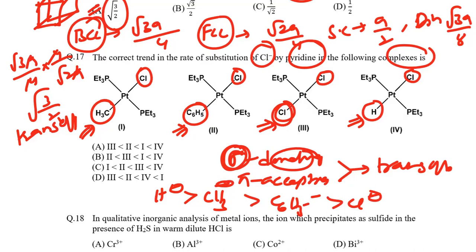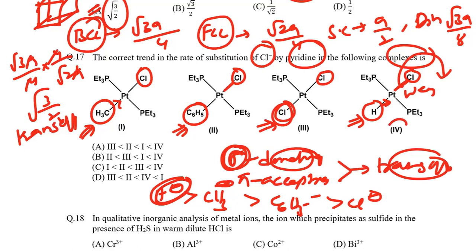This is the order of sigma donating ability. Whenever sigma donating ability increases, the trans effect increases, that is, the bond trans to these ligands weakens. This bond will become very weak, which is why the chlorine can easily cleave from it. So the rate of substitution of Cl is highest for the fourth option, because the highest trans effect is for the hydride ligand.